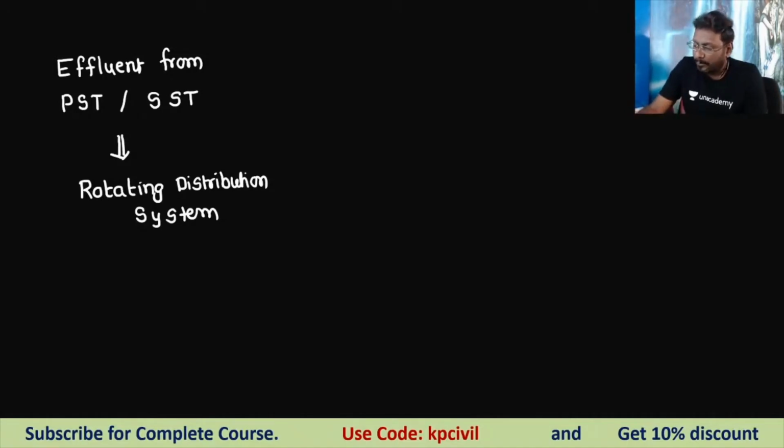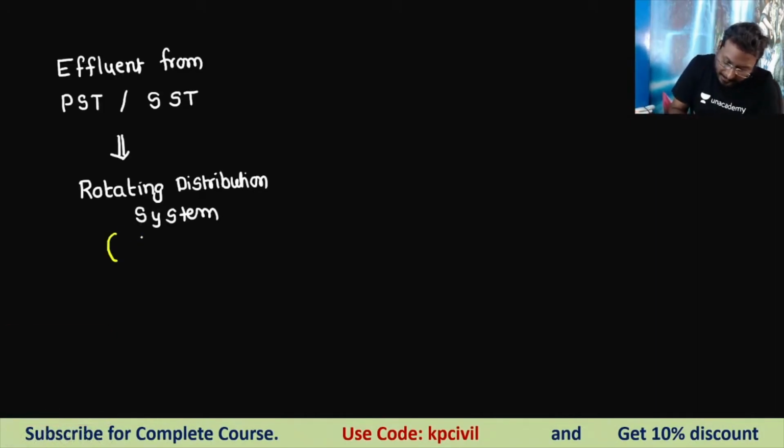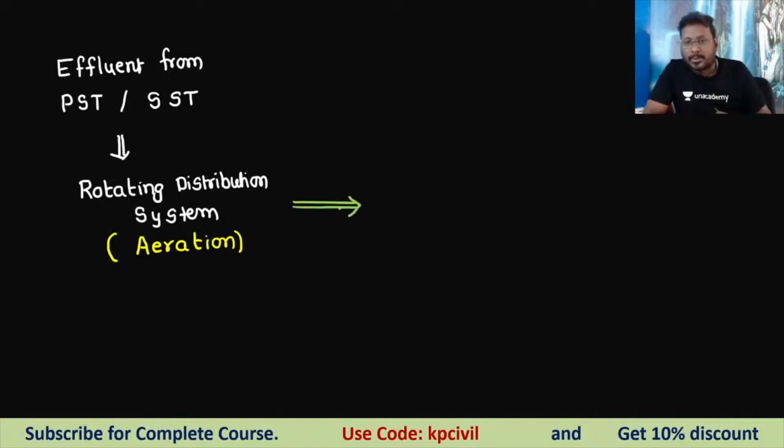Anyone tell me? Good. It is doing aeration. The rotating distribution system is performing aeration. Now that is aerated sewage, aerated wastewater. Clear? Good Agnishek, aeration and sprinkling over the filter.